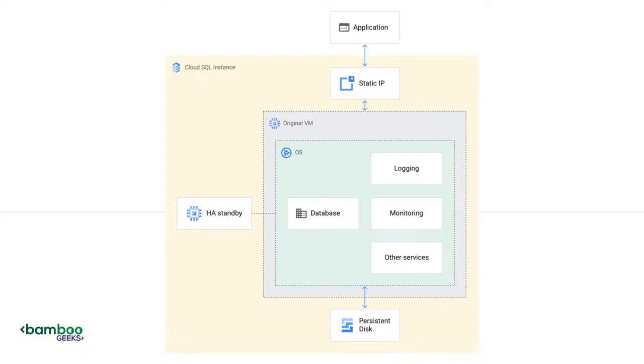Then each virtual machine or operating system is linked with a persistent disk, whose size, as we said, is a maximum of 30 terabytes. All of this is linked to a static IP, which is the one you use to connect to your database.